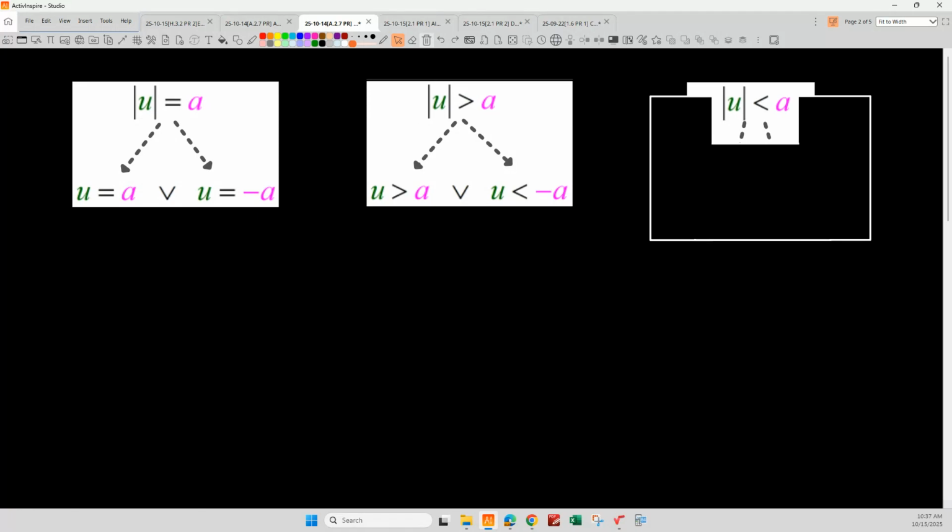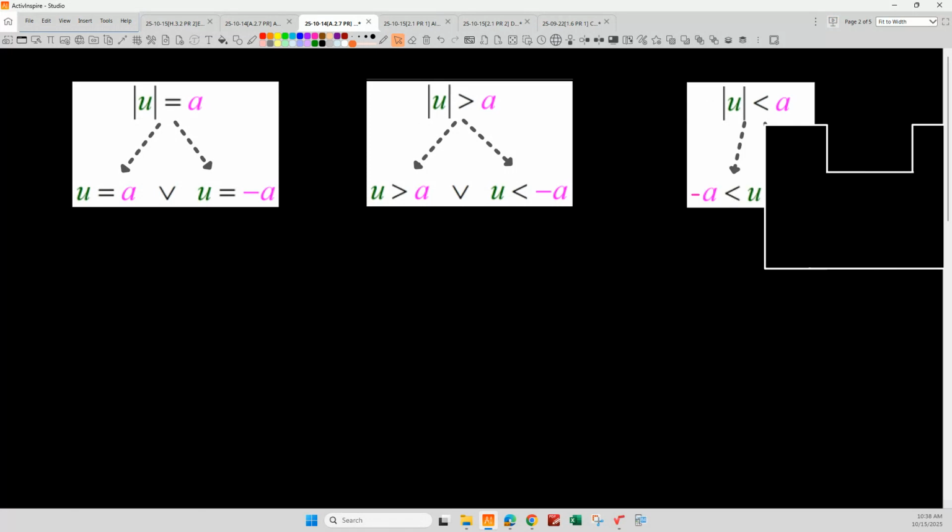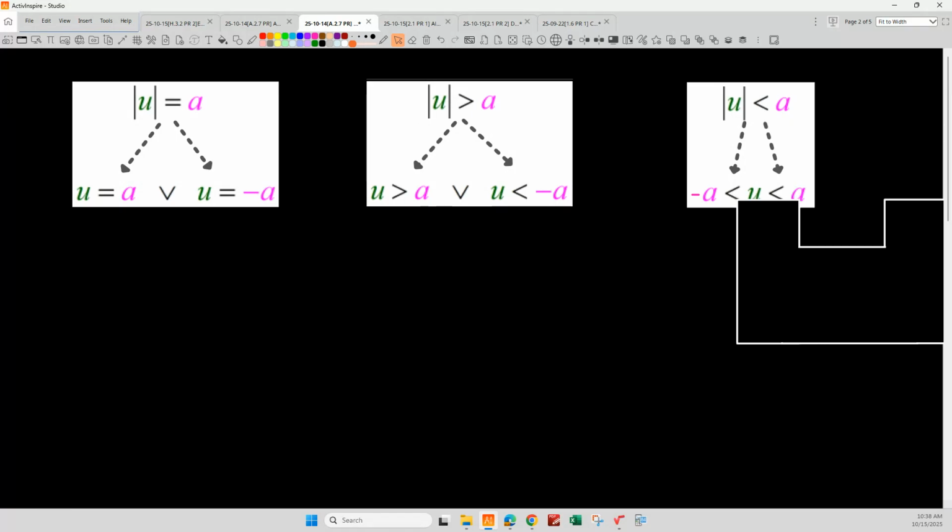If I have the isolated absolute value is less than some number, does that turn into an and or an or compound inequality? And. Good. And that has how many parts? Three. What goes on the left side? Negative A. And then U has got to be greater than that, right? So U goes in the middle. It's going to be greater than negative A and less than positive A.